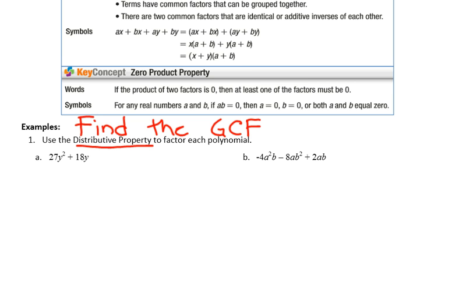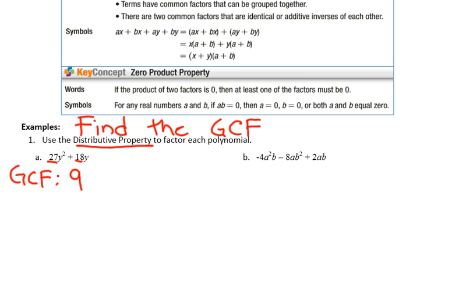What did I multiply together to get 27y squared plus 18y? So I'm going to take a look at the numbers first. I want to know what is the biggest number that can go into 27 and 18. And hopefully you know that that is a 9. 9 goes into 27, 9 goes into 18.